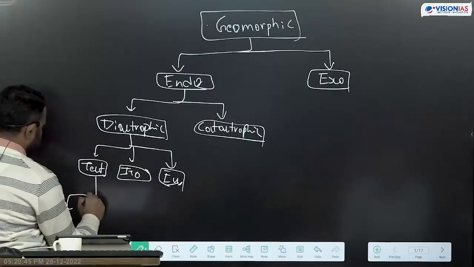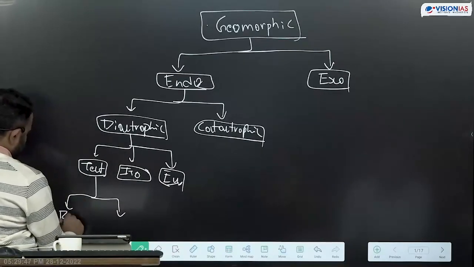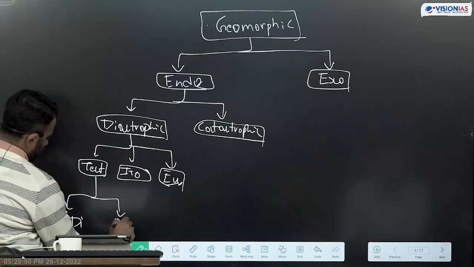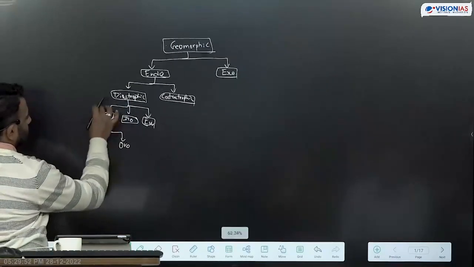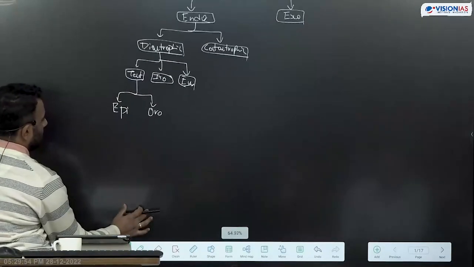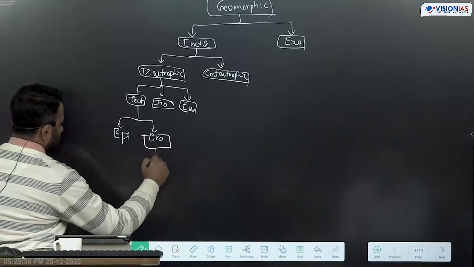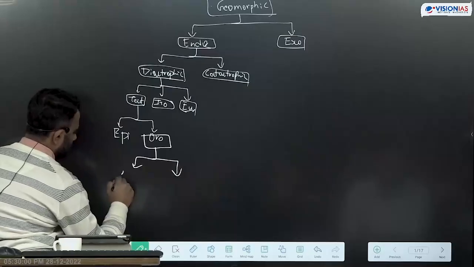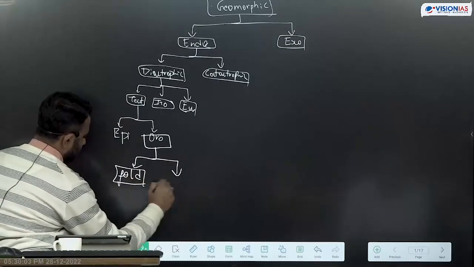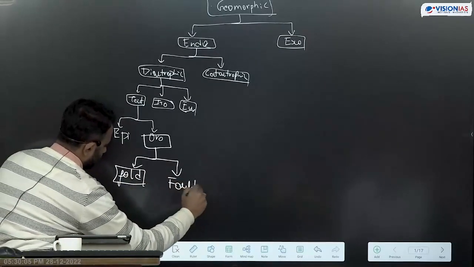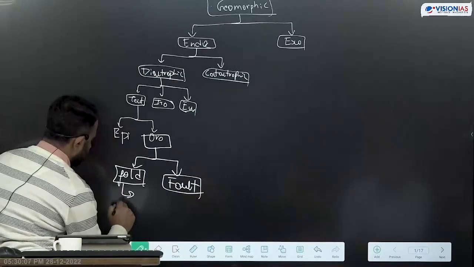Tectonics are divided into epirogenic and orogenic. Orogenic is divided into folding and faulting.